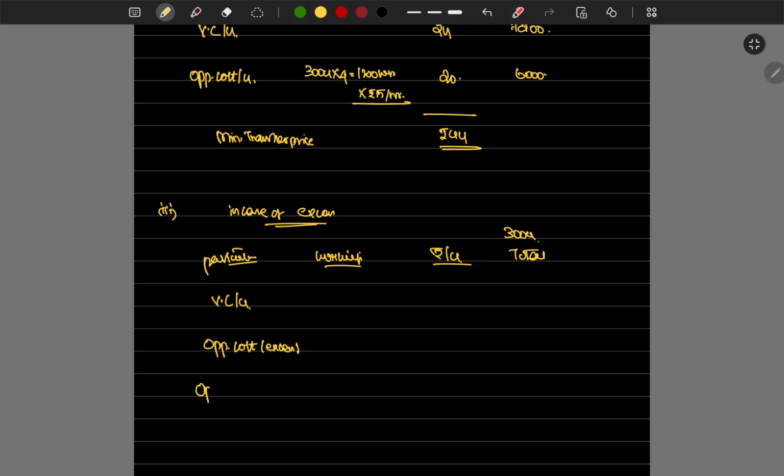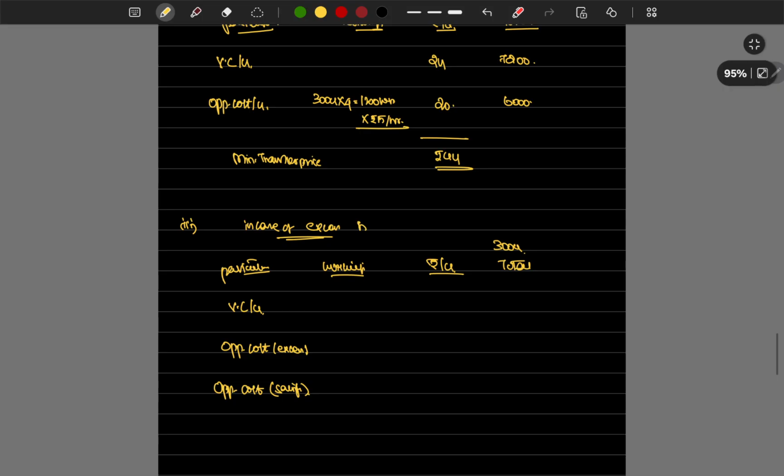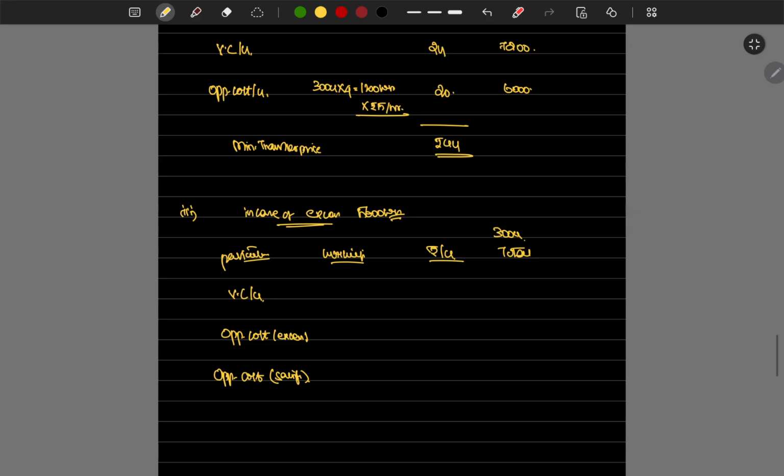Okay, opportunity cost sacrificed. So in case of excess, the external market is 5000 hours only, so we can freely transfer 600 hours to the other division at no opportunity cost level.